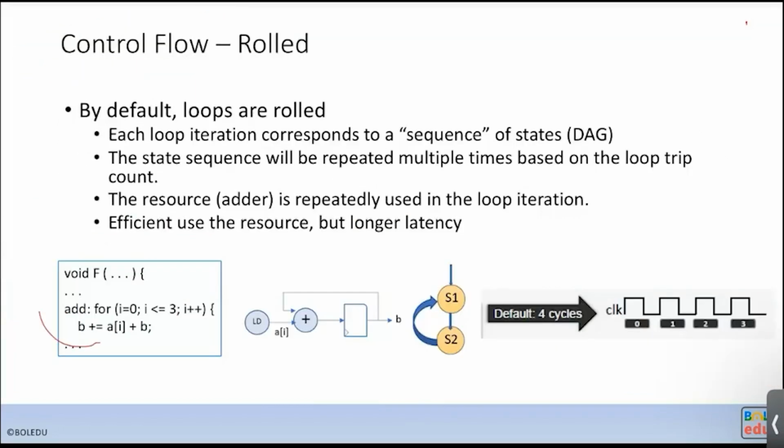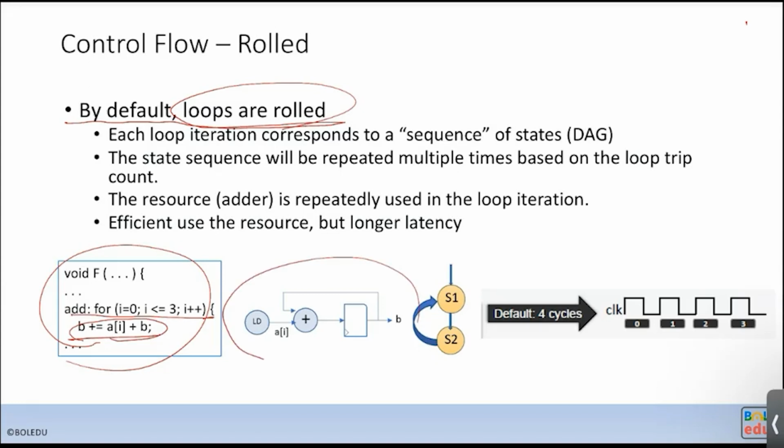And for the for loop, by default, the loop is rolled. That means iterations don't share across each other. For example, here you're doing the addition for each element of an array.